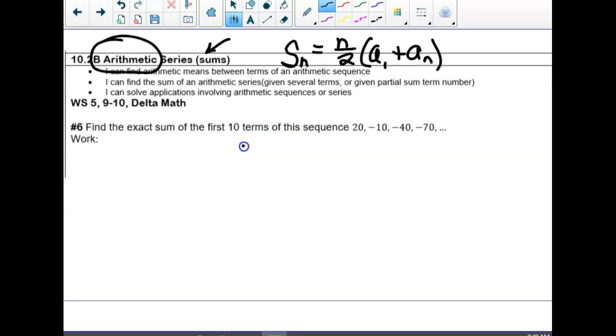Now, because it's geometric, what do we have to figure out? We have to find the R value. What are they multiplying by, guys? Did I mess this up? All of this, it says arithmetic.